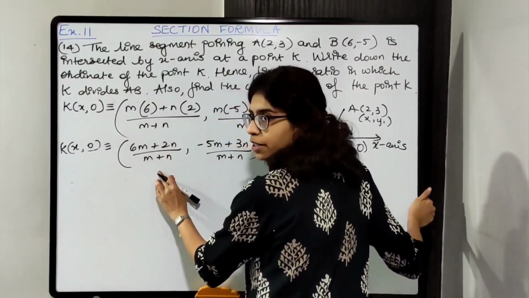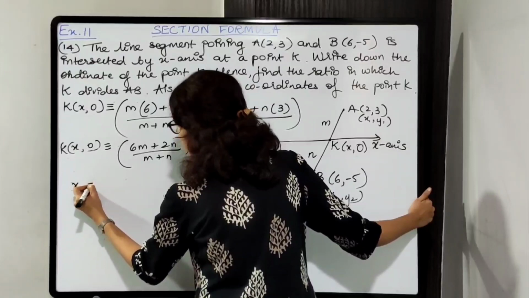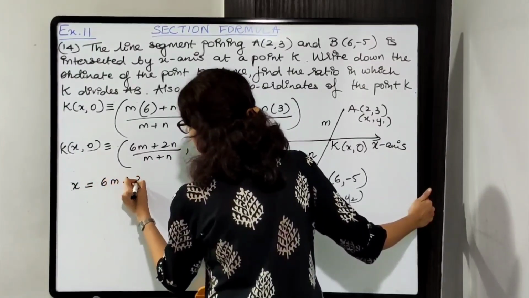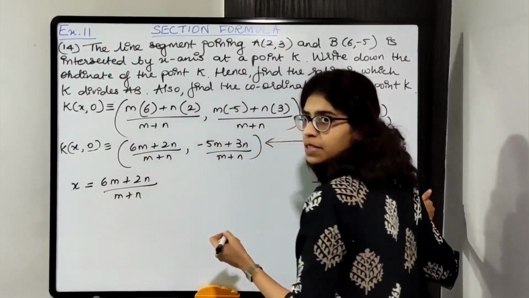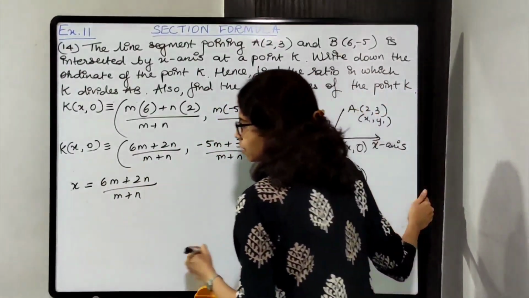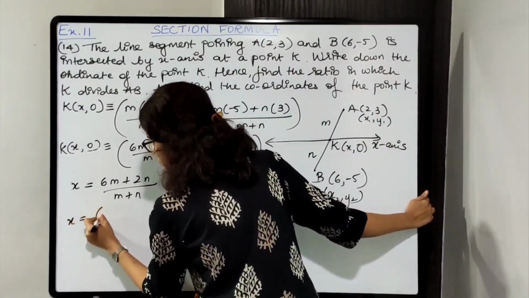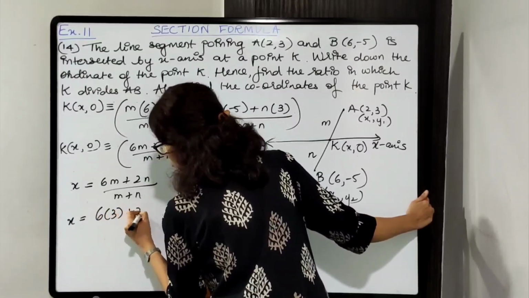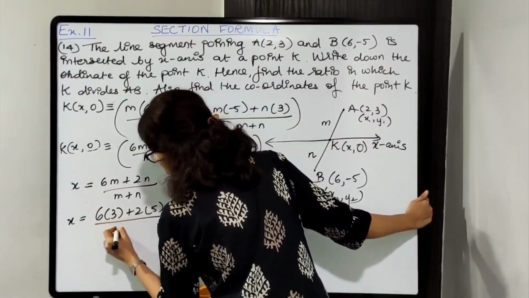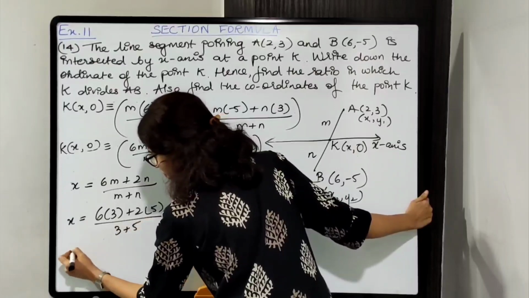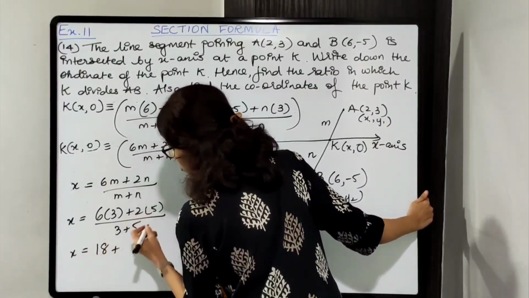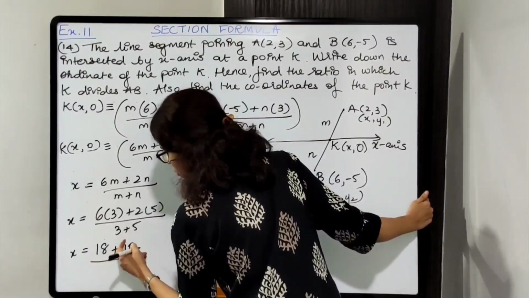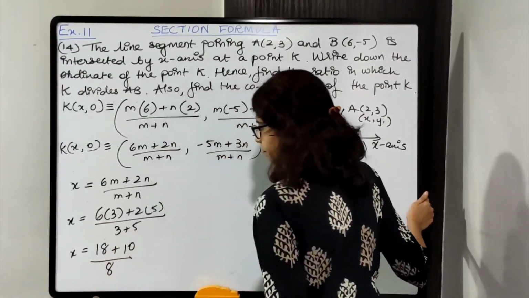Equating x coordinate. So x is equal to 6m plus 2n upon m plus n. m is 3, n is 5. So 6 into 3 plus 2 into 5 upon 3 plus 5. 18 plus 2 5s are 10 upon 8.